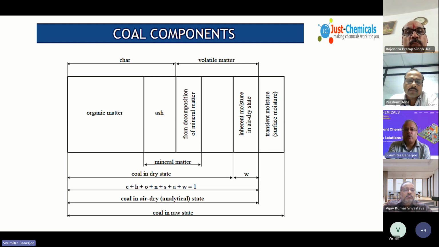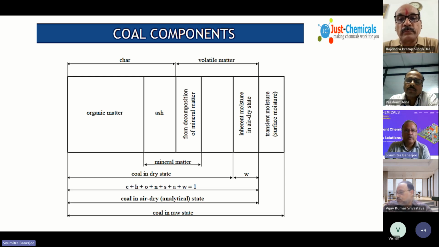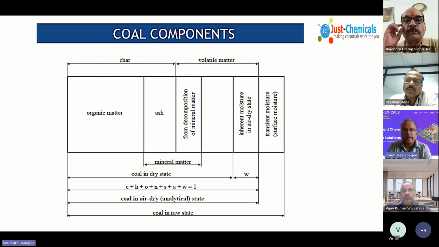Then we have volatile matter, which mainly contains methane, but other gases like propane are also there, because coal bed methane does not only contain methane, it also contains higher hydrocarbons. And then we have the moisture, which is in two states: one is on the surface and another is the inherent moisture.